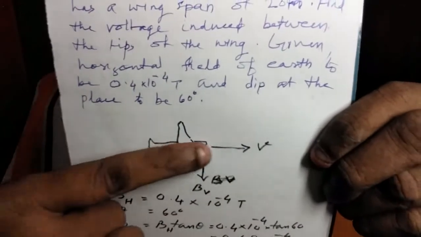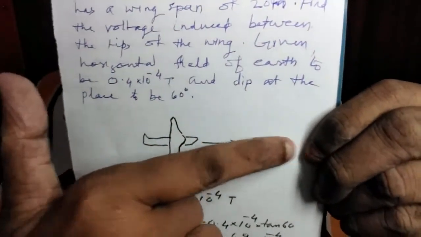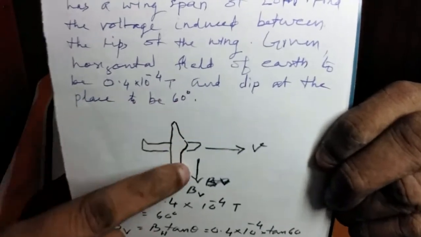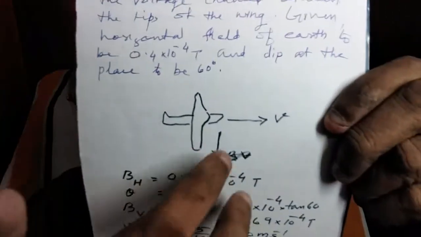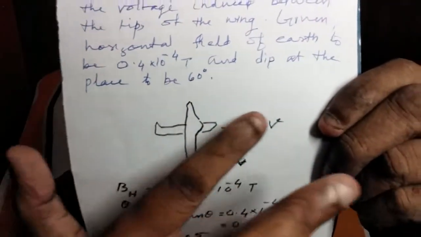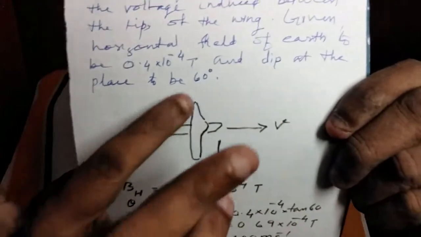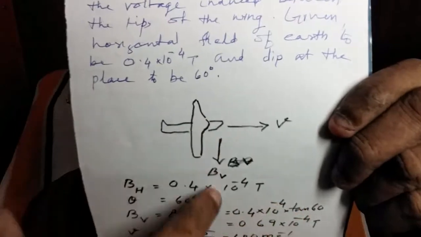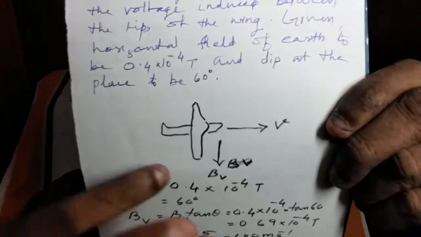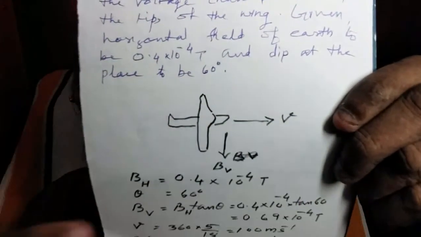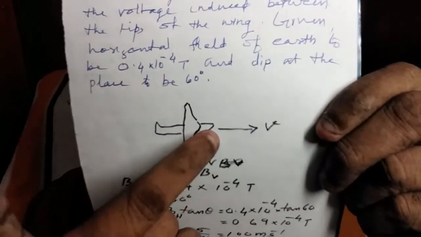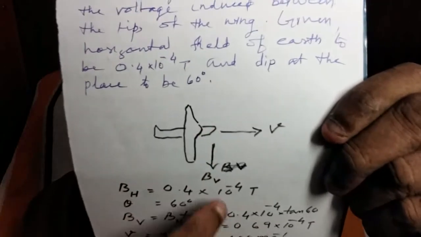The airplane is flying horizontally with velocity v. Wings have a span of 20 meter. As it flies horizontally, the wings cut the magnetic field, the vertical component of the magnetic field, at 90 degree. Wings are horizontal, but the vertical magnetic field is BV.